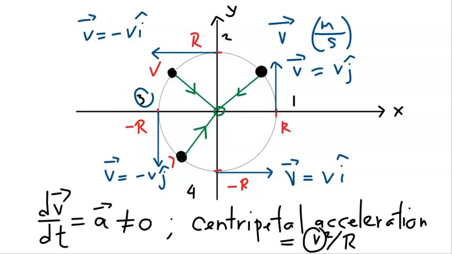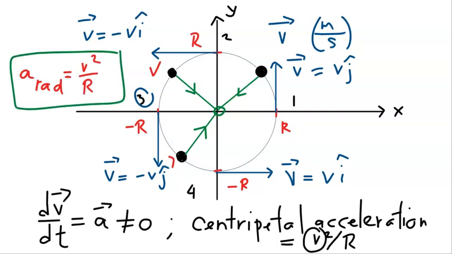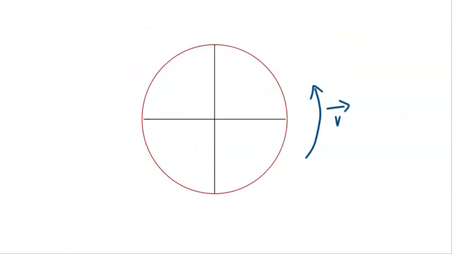Because of the radial nature of this acceleration, one can write the centripetal acceleration in the following way. So we are using the term radial as a subscript to a to signify that the direction of the acceleration is directed radially. Next, we want to explain why the direction of the centripetal acceleration is radially inward, that is, from the object towards the center.